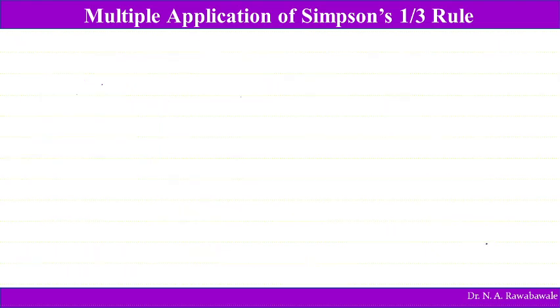So coming to Simpson's 3/8 rule. A third order Lagrangian polynomial can be fit to 4 points and be integrated. In case of Simpson's 1/3 rule, we have divided this complete segment into 2 segments or 3 points.